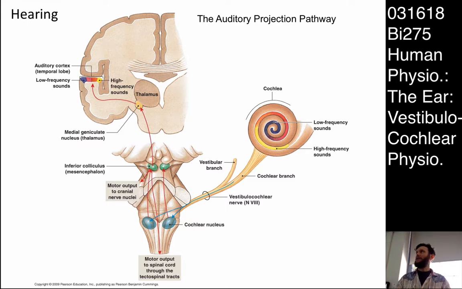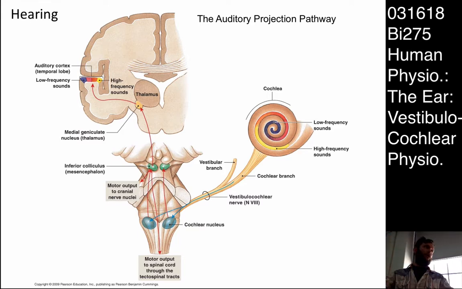We have a synapse there, and our third-order neuron then projects from the thalamus up to the auditory cortex. The auditory cortex is just a somatotopic map, although it's not somatotopic, meaning the body. It's an audiotopic map.